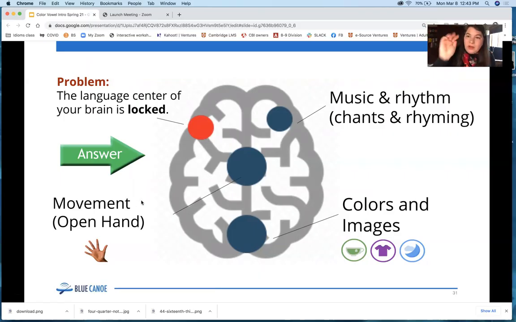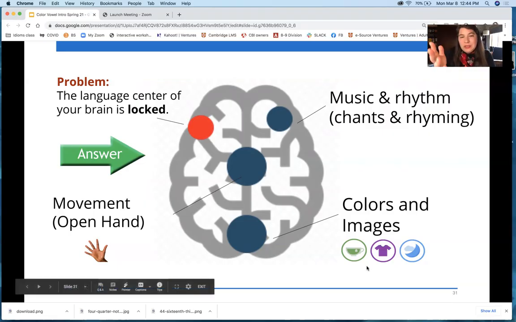Movement is with your hand. Using your hand activates a different part of your brain. Music and rhythm is the rhyming and the chanting, like eh, eh, eh, red, pepper, red. Colors and images, of course, we have plenty of colors and images.